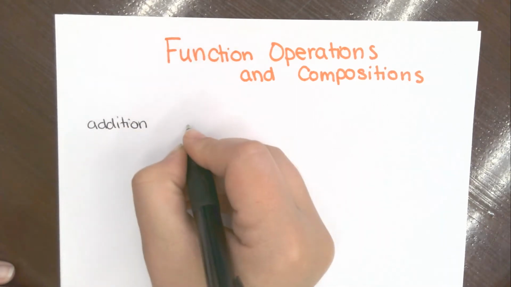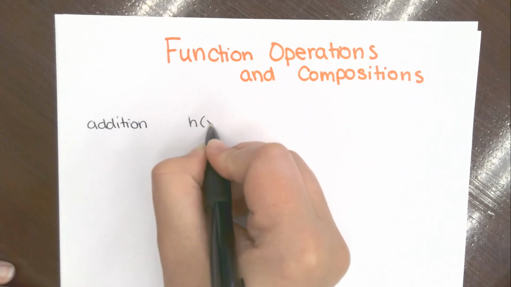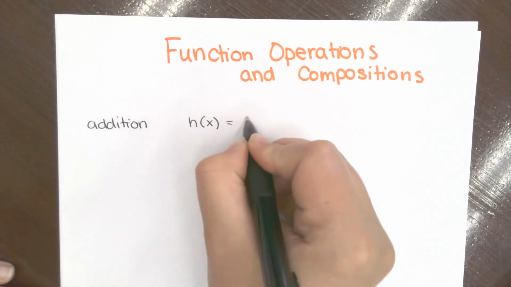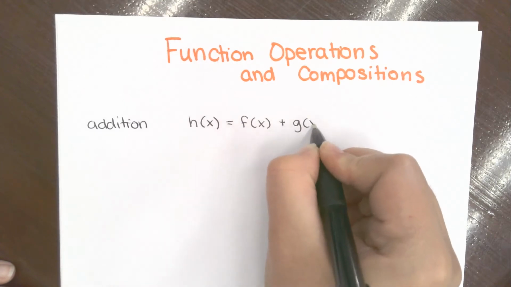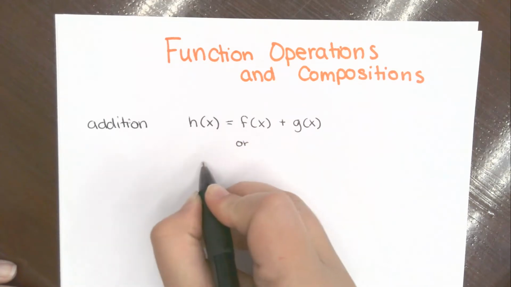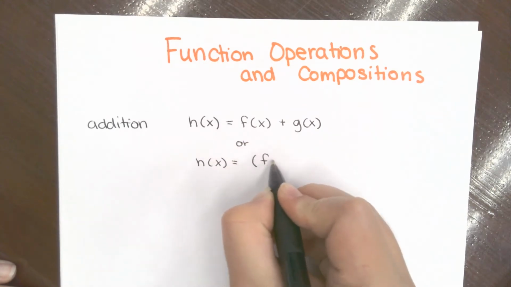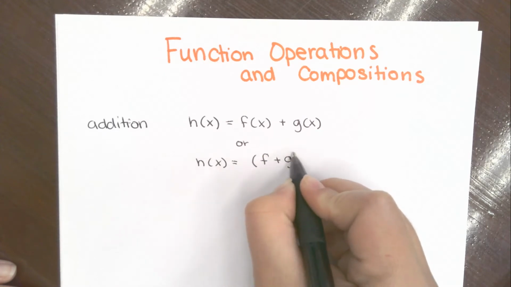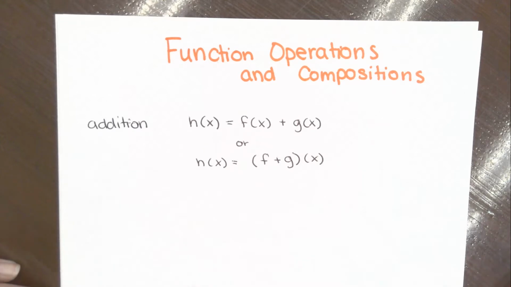then that means we have either h of x equal to f of x plus g of x, or h of x equals f plus g of x. Now, what does that mean?